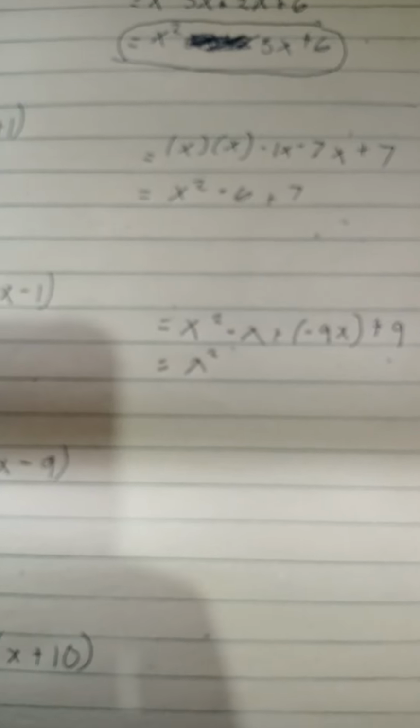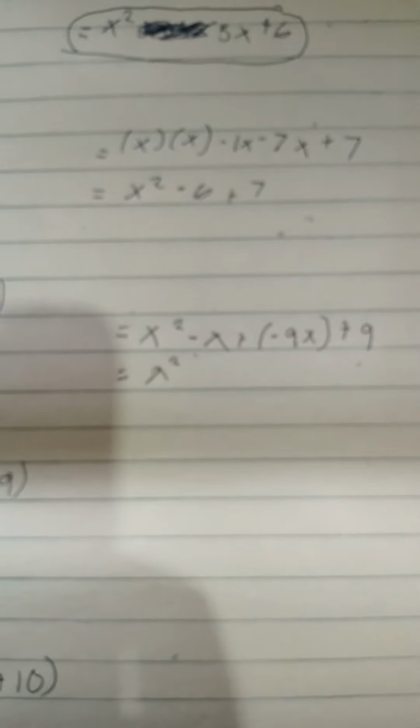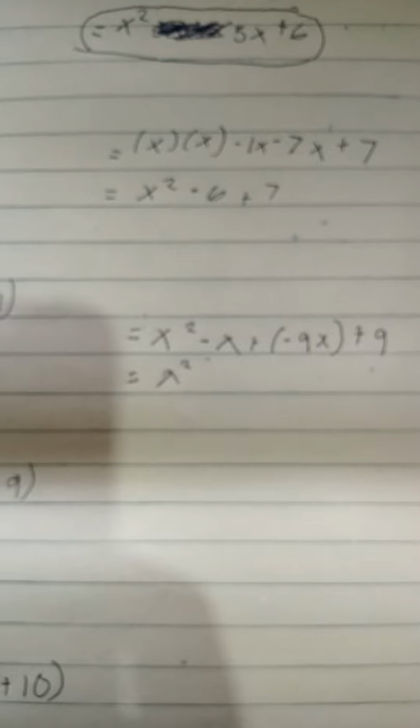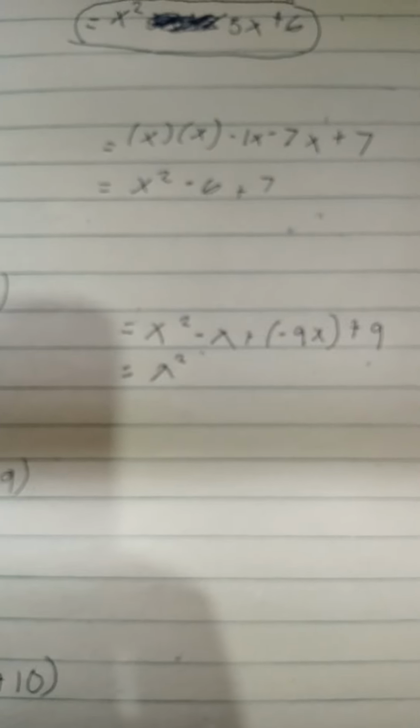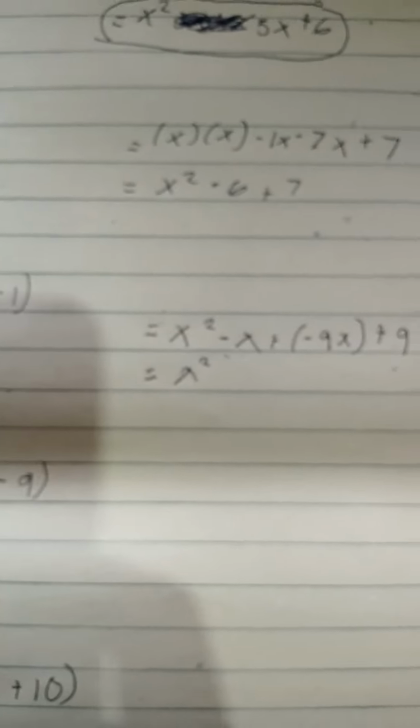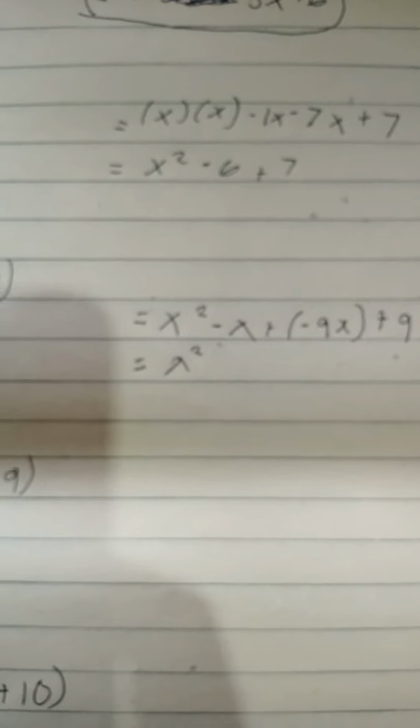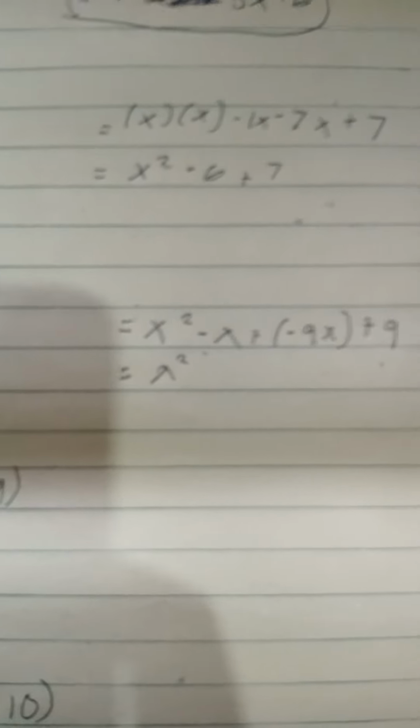They have the same sign, so we add, but the sign is still negative, so the answer is negative 10x. And last is just bring down the positive 9, so it is negative 10x plus 9. So that's the answer of number 3.